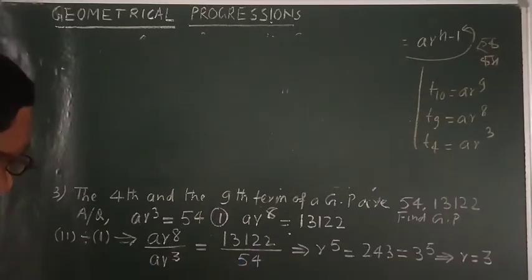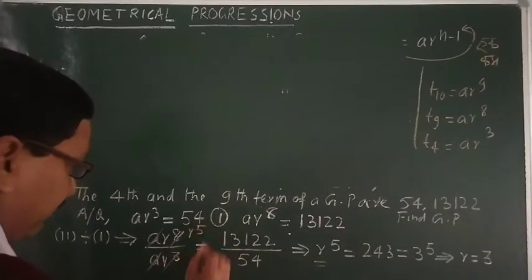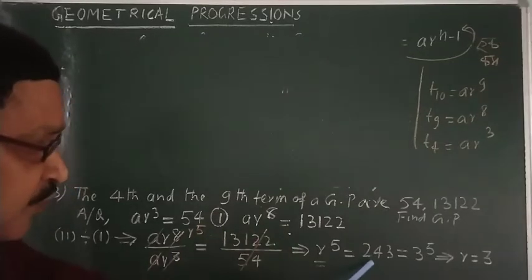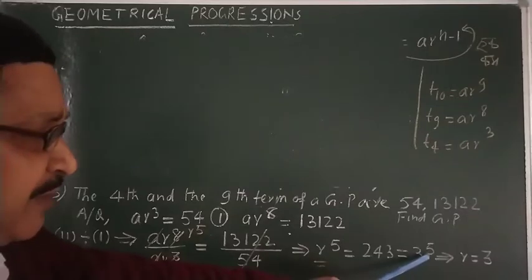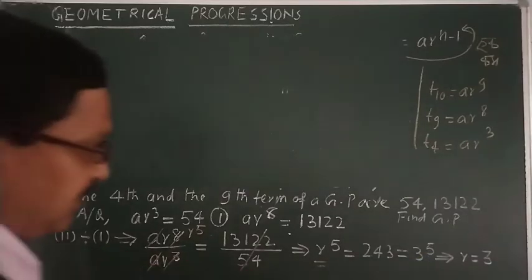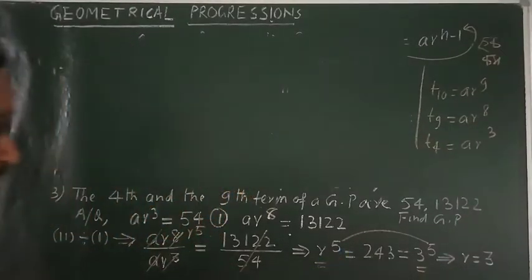If we divide 2 by 1, a will cancel, and r will remain to the power 5. So this gives r to the power 5, and this is 243. When 243 is factorized, we get 3 to the power 5. Now again, when indices are the same, bases must be the same. So r is equal to 3.